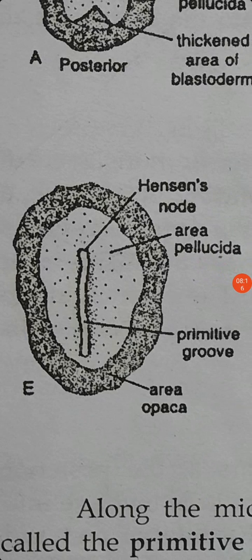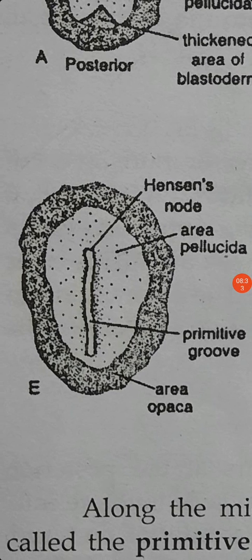Along the middle of the primitive streak runs a narrow furrow called the primitive groove. See, in the middle. Whatever cellular structures are formed, elongated, you will get the groove in the middle. The edges of the groove are thick and are named the primitive fold.